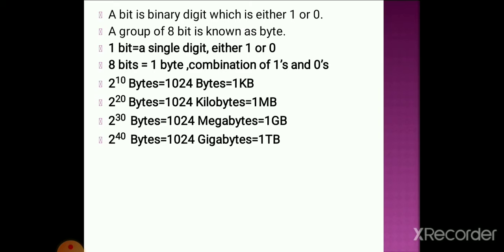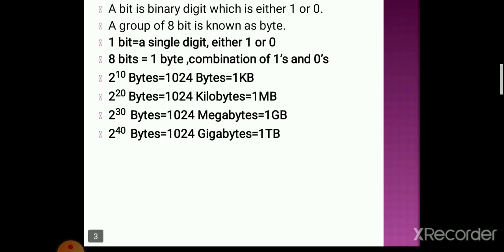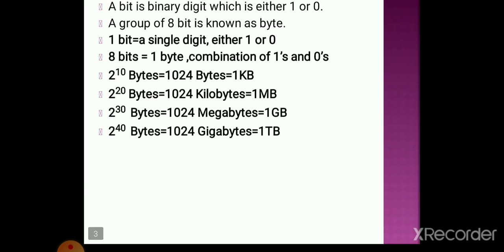So here we discuss the following table. 1 bit is equal to a single digit, either 1 or 0.